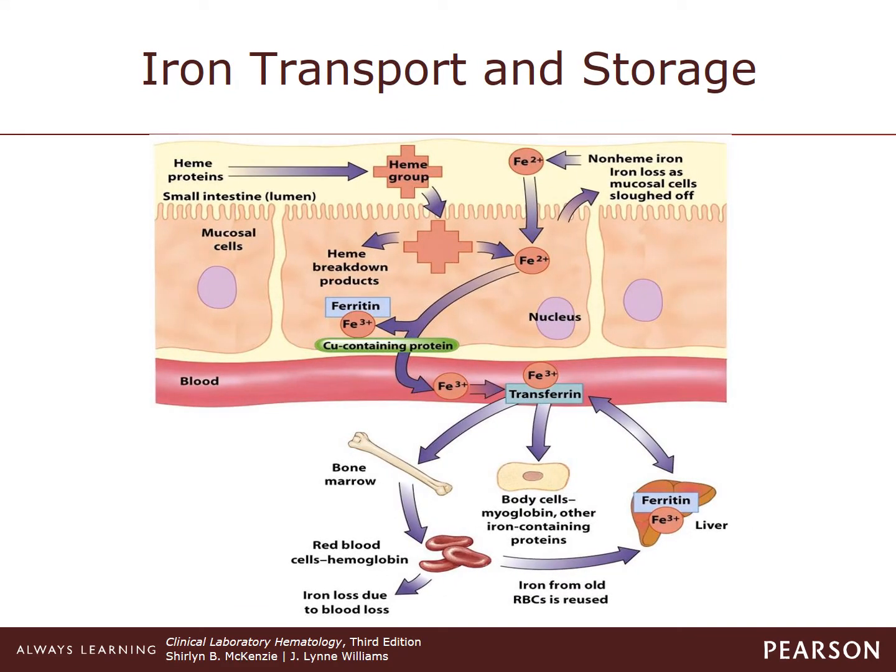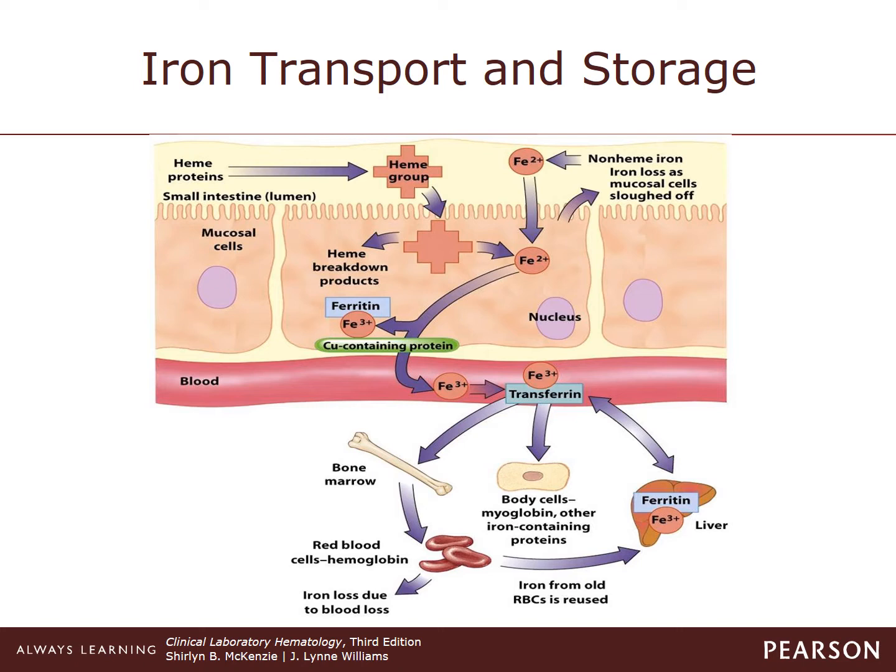When we talk about iron transport and storage, transferrin is the plasma iron transport protein that mediates iron exchange between the tissues. It's a single polypeptide with 2 homologous lobes, and each of those lobes contains an iron binding site that can carry either 1 or 2 molecules of iron.